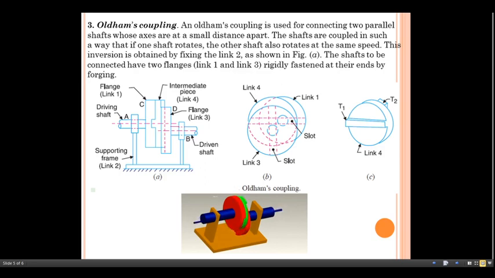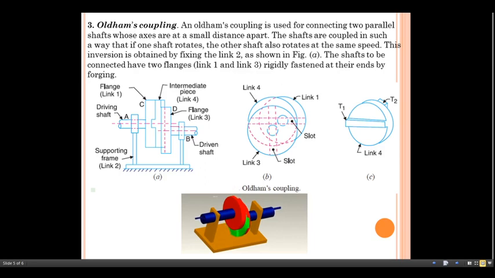The distance between the axes of the shafts is constant, and hence the center of the intermediate piece will describe a circle of diameter equal to the distance between the axes of the shafts. There is sliding motion between link number 1 and link number 4, because the extended tongues come in contact with the groove or slot created on link number 1.